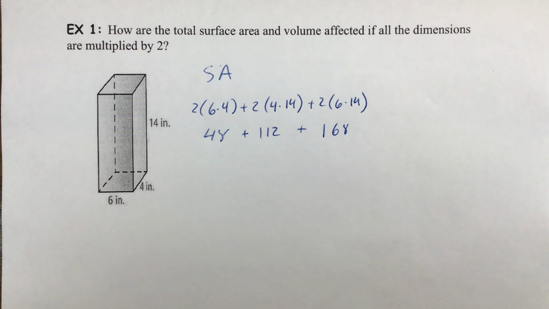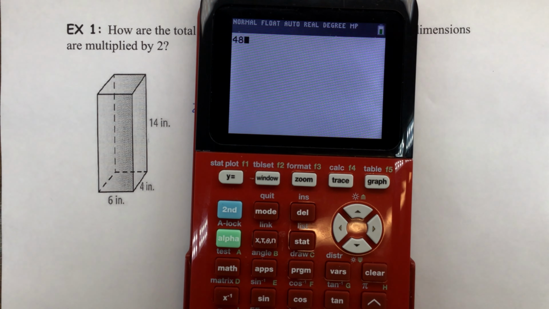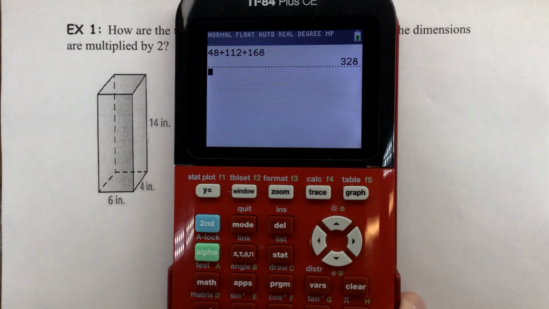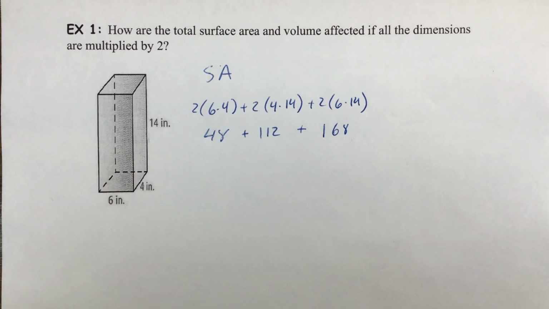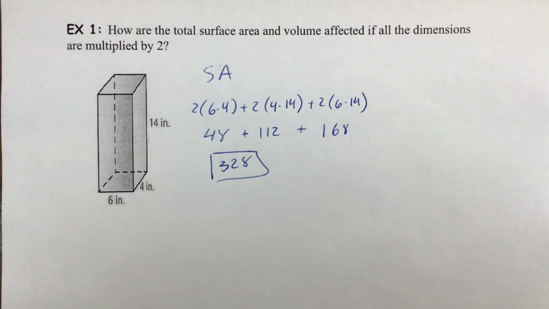Okay, and then if we take the total of all of that, we'll have the surface area of the figure before any changes on it. For that, I'm actually just going to type into the calculator. We're going to get 48 plus 112 plus 168, which gives us 328. Okay, that is the surface area without any dimension changes here.